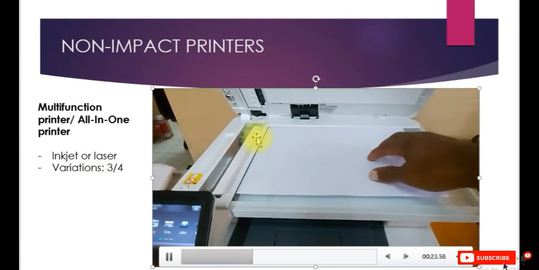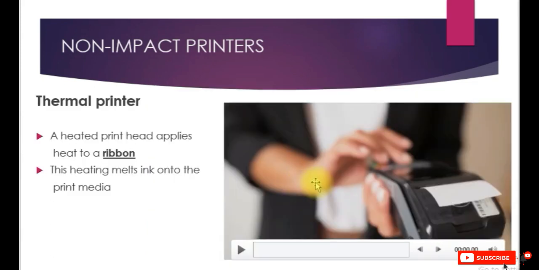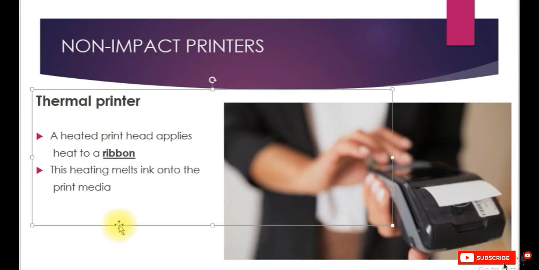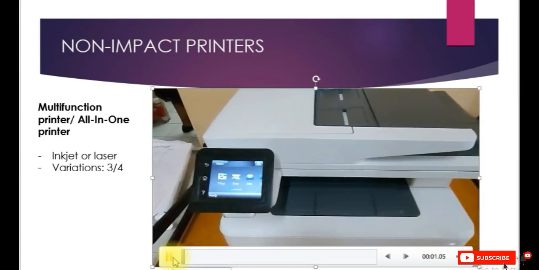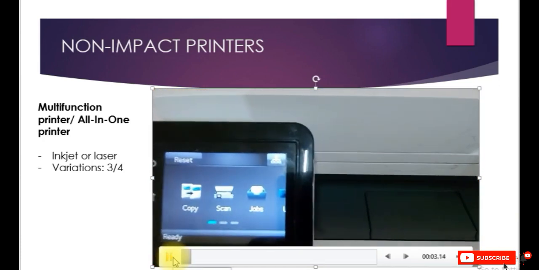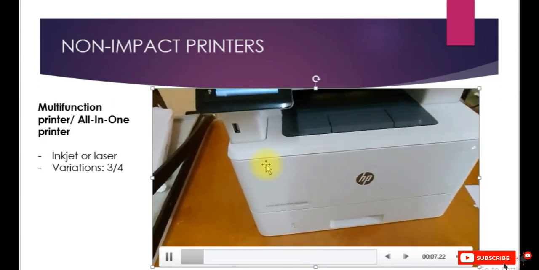So here, you're looking at an image being placed on the flatbed to scan. I need to go back to the previous slide. Yes. So you can print, you can copy, you can scan.